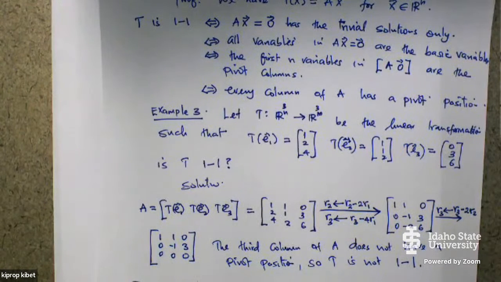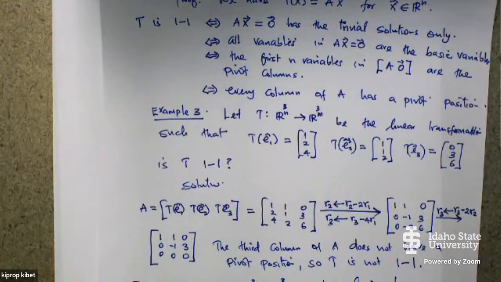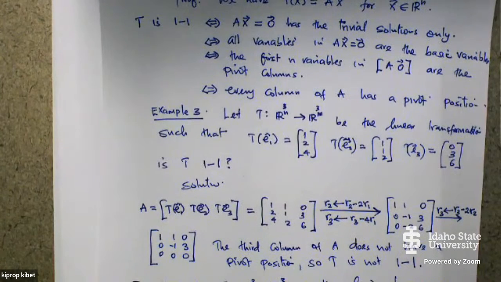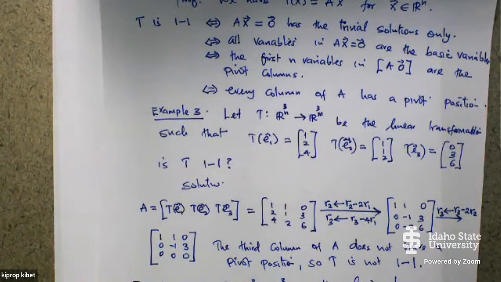Let T be a linear transformation from R3 to R3 such that T(e1) equals 1, 2, 4, T(e2) equals 1, 1, 2, and T(e3) equals 0, 3, and 9.